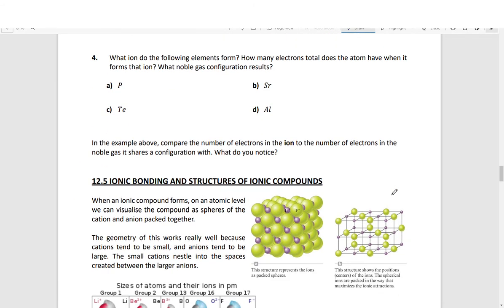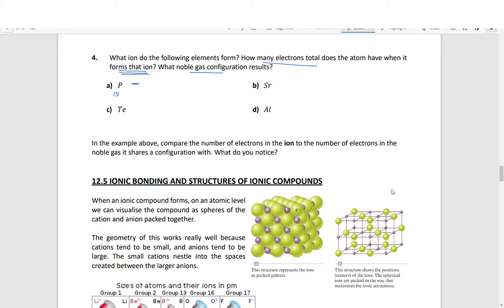It says, what ion do the following elements form? How many electrons does the total atom have when it becomes that ion? And what noble gas configuration is the result? I like looking at the periodic table for these. So phosphorus would be number 15.